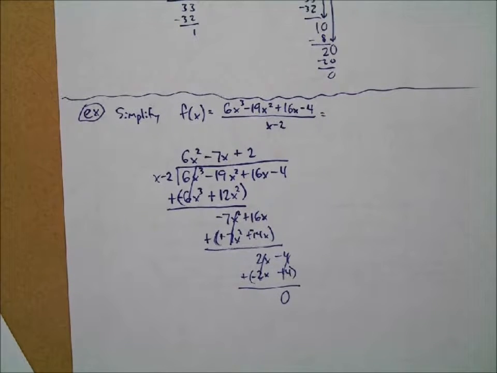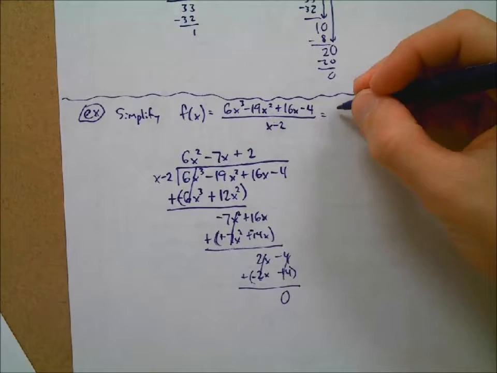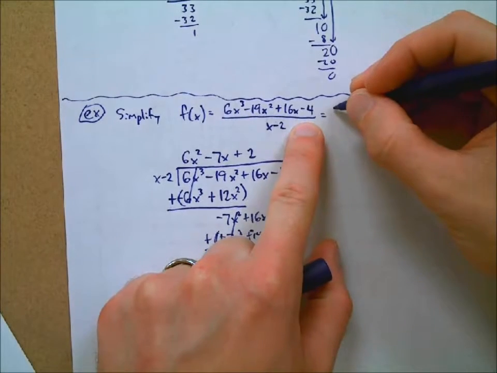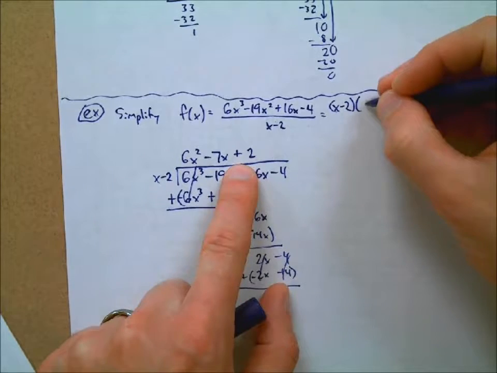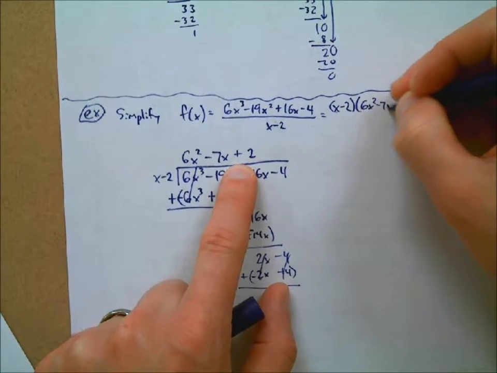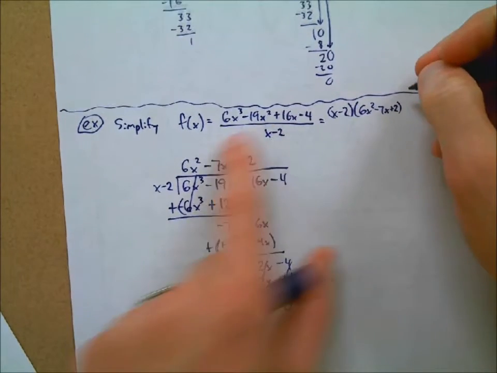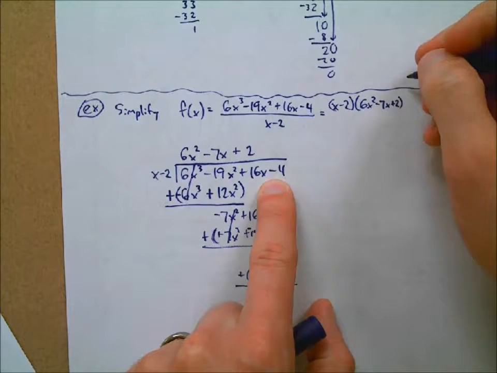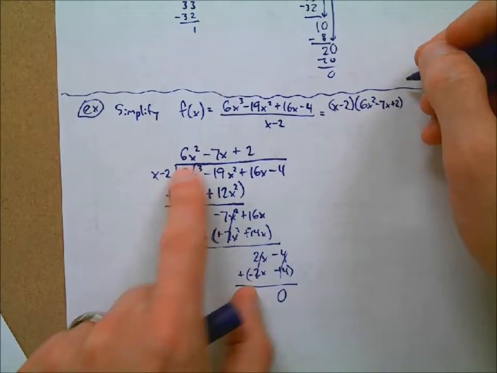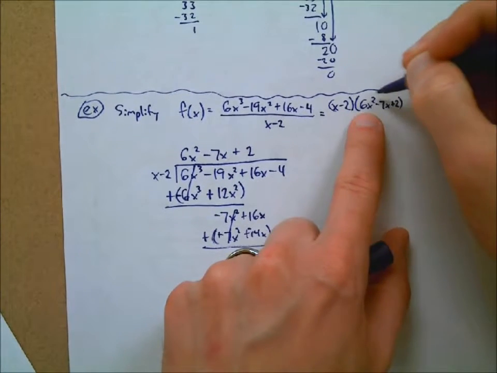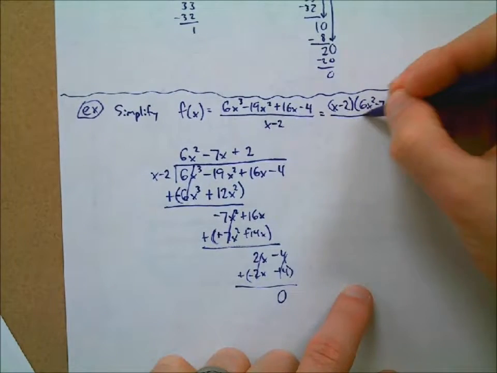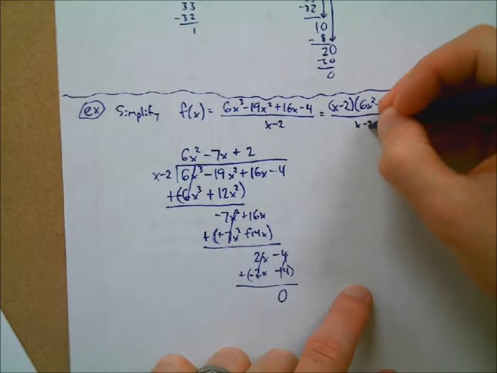So now I'm going to put the simplification here. This top polynomial is equal to x minus 2 times our answer here of 6x squared minus 7x plus 2. Since dividing our original polynomial by x minus 2 yields this, that means this factors to x minus 2 times 6x squared minus 7x plus 2, all over that x minus 2.